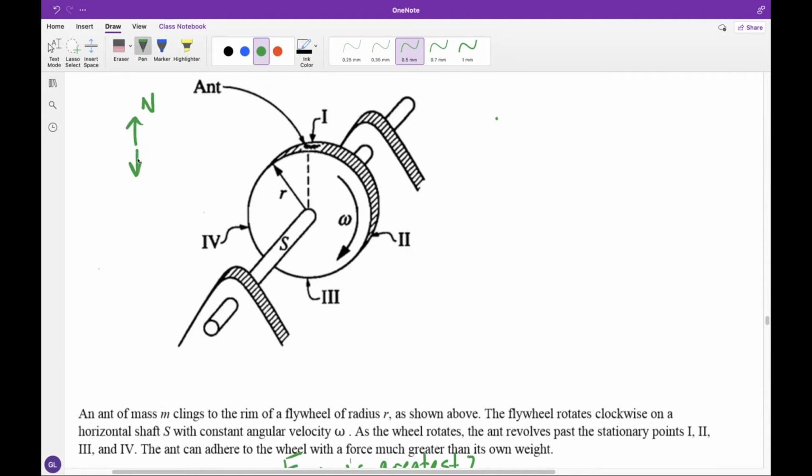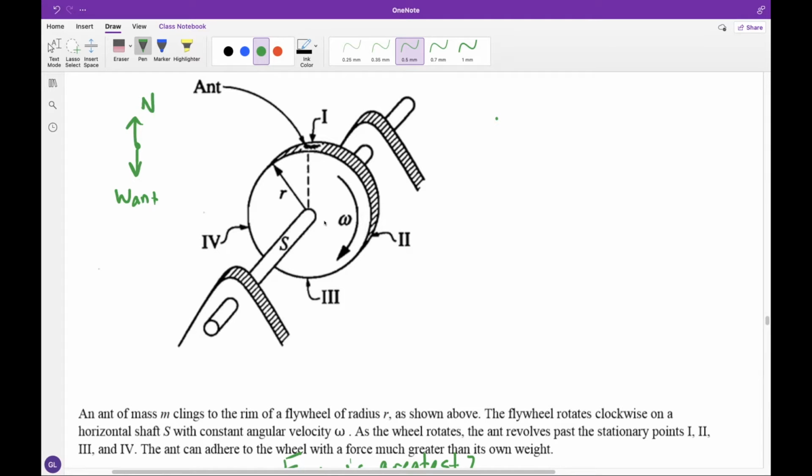We have the weight of the ant. I'm going to write it as W to save myself a little bit of writing. I was going to do mg, but then I changed my mind. So we have the weight of the ant. And if things are nice and easy, the ant doesn't even need to grip the wheel because the normal force is going to be equal to the weight of the ant.